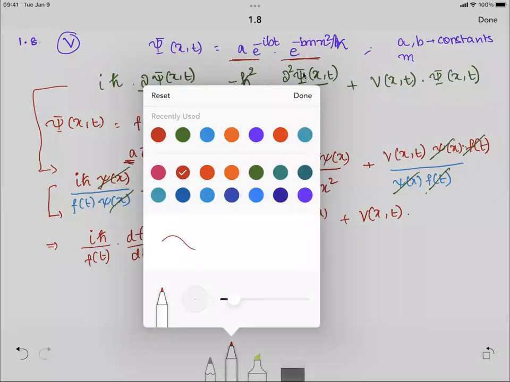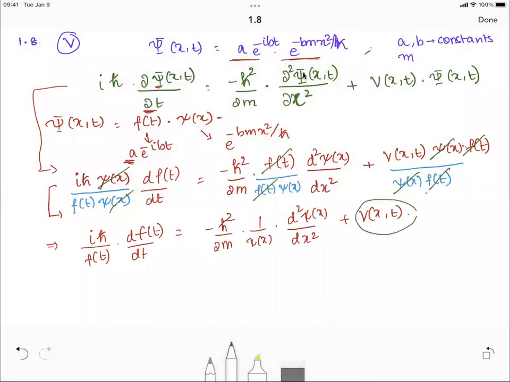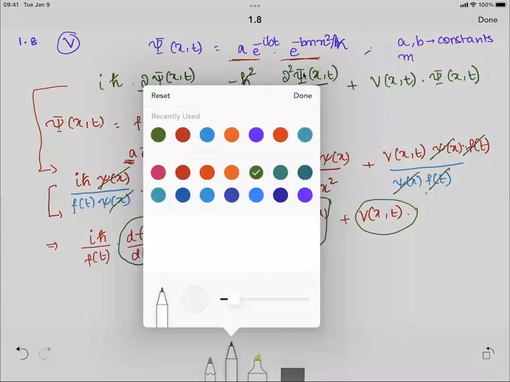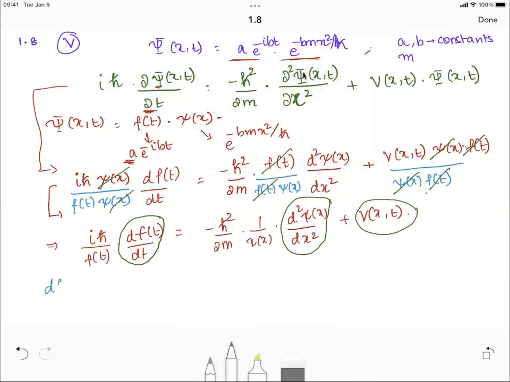Now, all we care about is finding the value of the potential energy function, right? Before we find that, there are some things we need to solve. One is we need to take the derivative with respect to time, and the second derivative with respect to the x coordinate. So let's first take the derivative with respect to time. That seems to be the simpler thing to do. So df of t by dt would be, what is our time function?